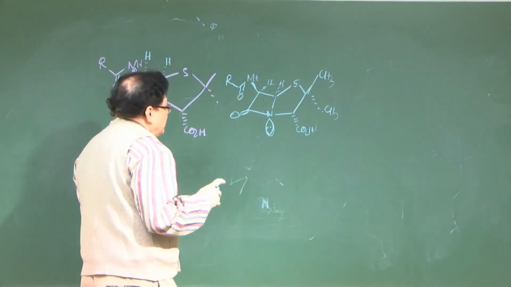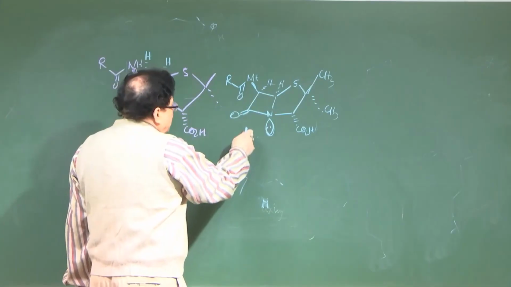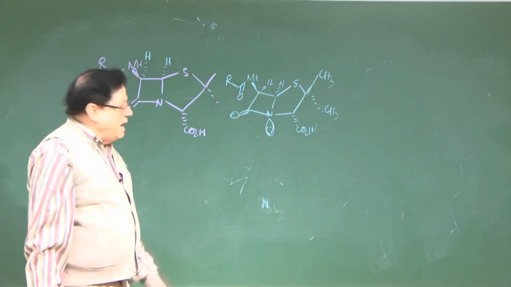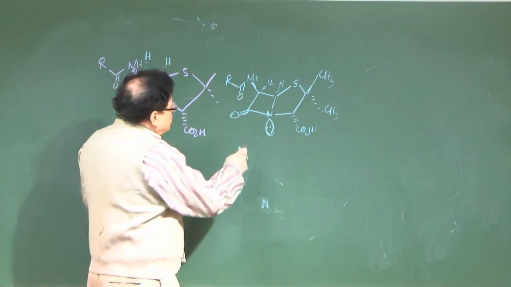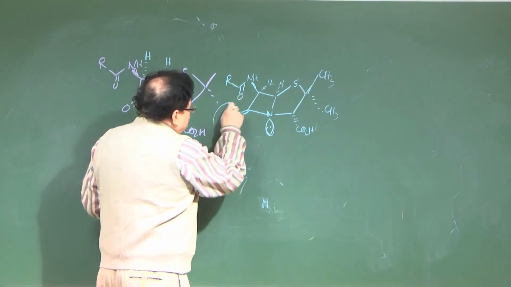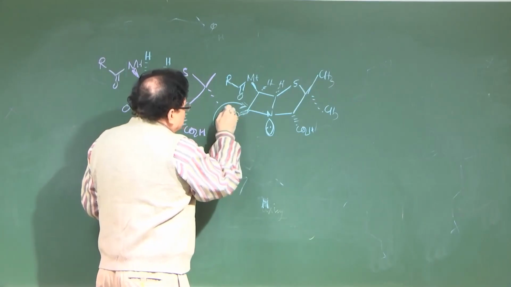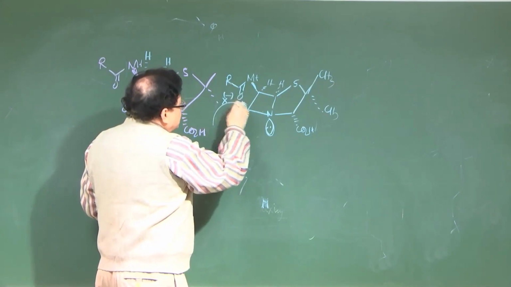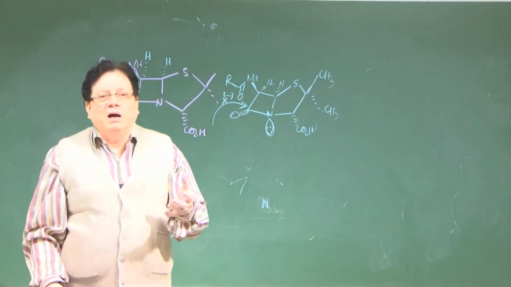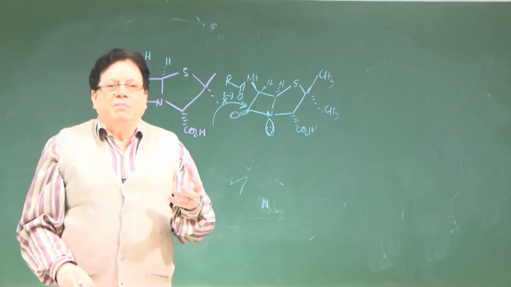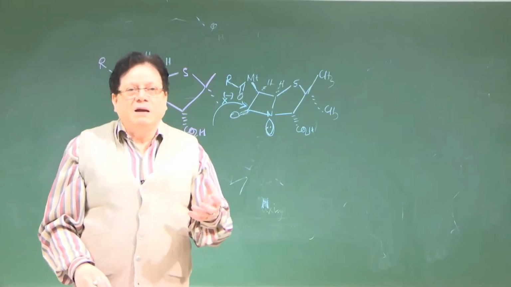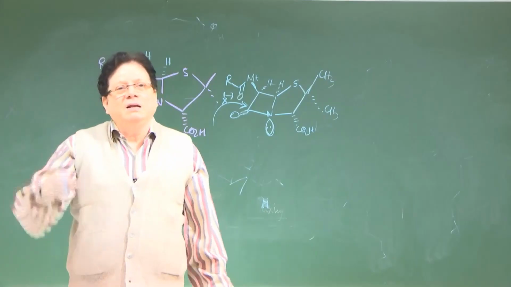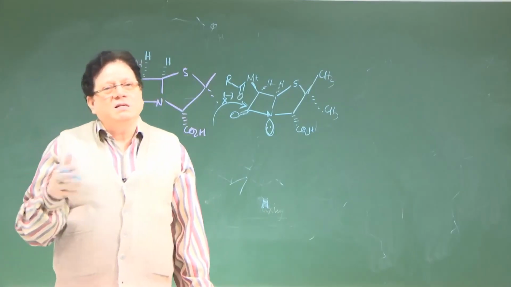Where does it attack? In this molecule, the most vulnerable bond is this one, because this is a 4-membered ring and there is a carbonyl. So, it should be susceptible to what? Nucleophilic attack. So, say X minus. Okay. And this X minus is nothing but coming from the target enzyme, which is a very important enzyme, which attacks this penicillin, and the enzyme loses its activity.